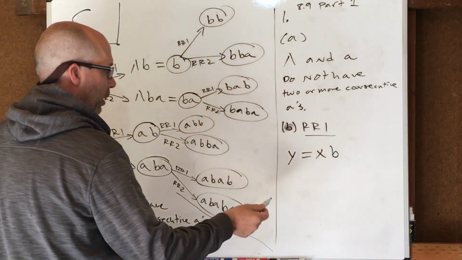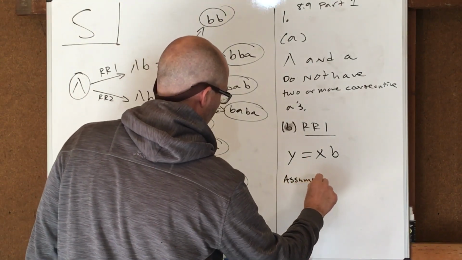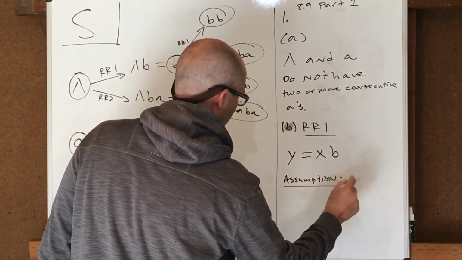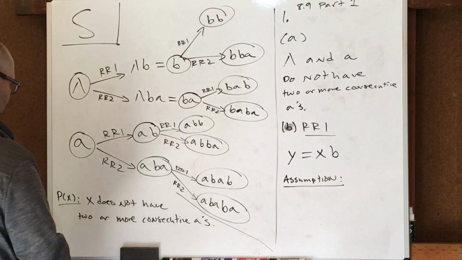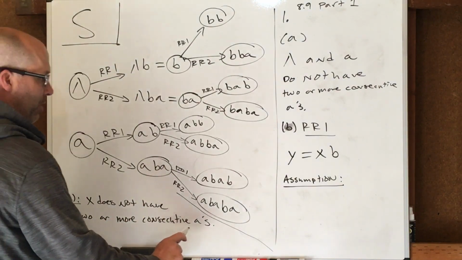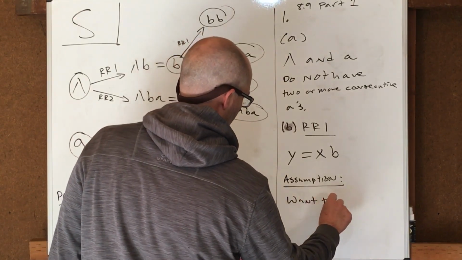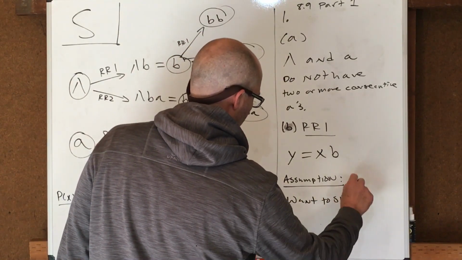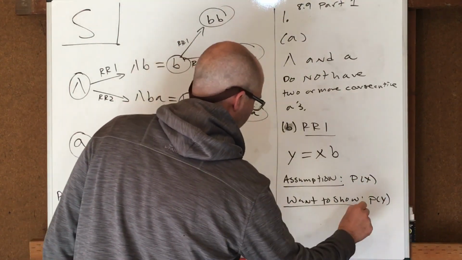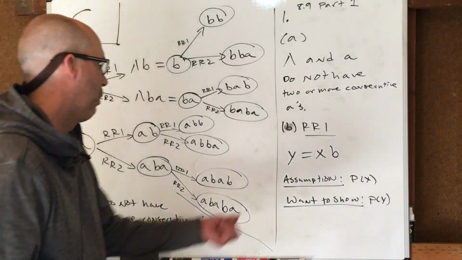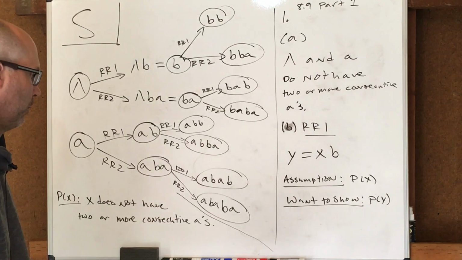Our assumption is that P of x is true, otherwise known as: x does not have two or more consecutive a's. What are we trying to show? P of y. We want to show that y does not have two or more consecutive a's.